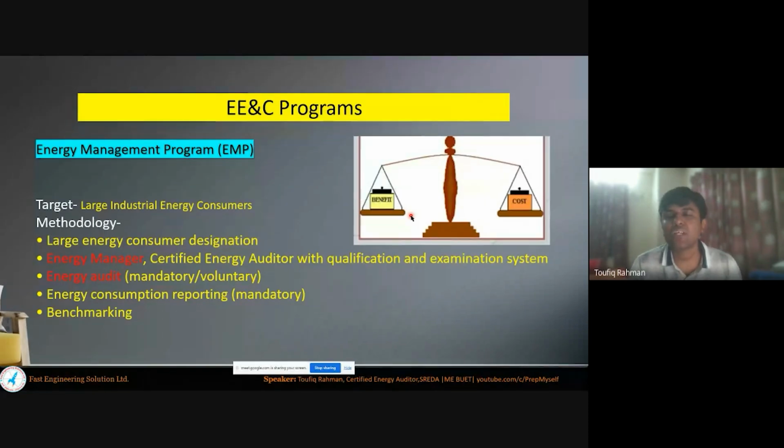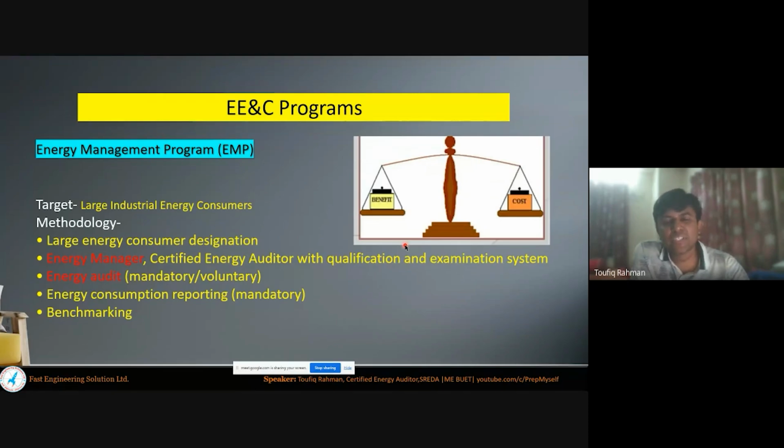You need some qualification and some learning, and take an exam. It is certified by the Sustainable and Renewable Energy Development Authority. By the authority, energy manager certification and energy auditor certification are done. So you can apply and certify yourself through the qualification and examination system.